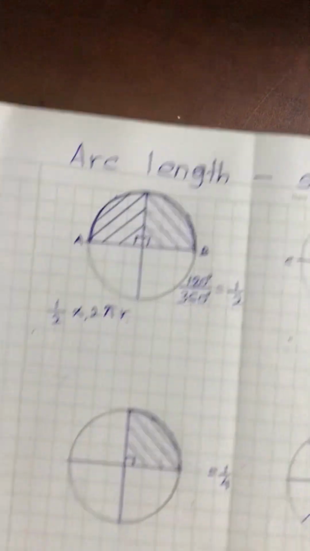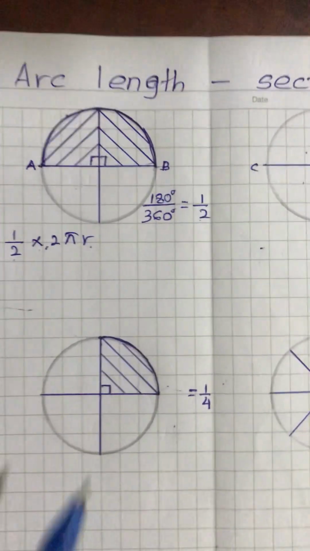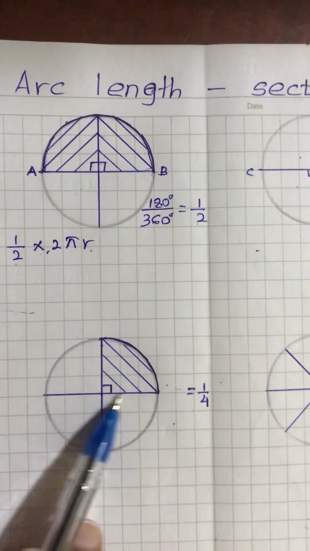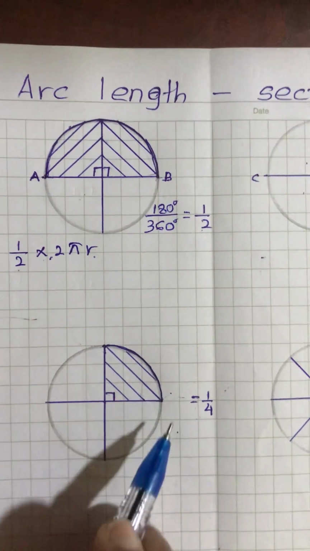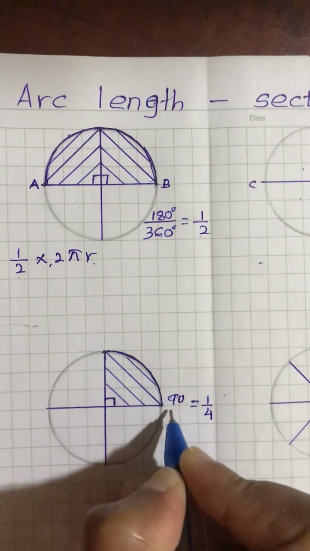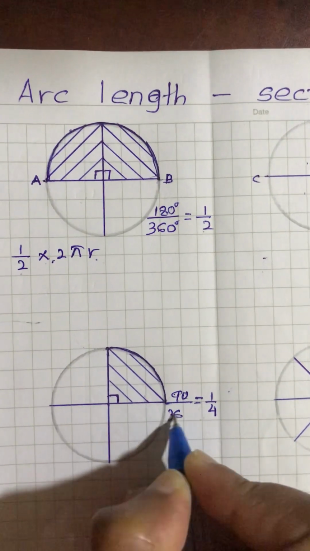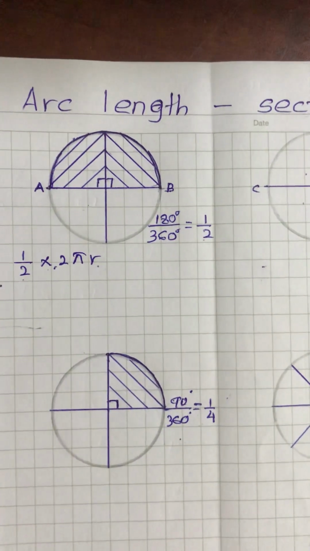Let's move on to another picture, that is 1/4 of a circle. This sector shows you 1/4 of a circle. That means this is 90 degrees. 90 degrees out of 360 degrees equals 1/4.